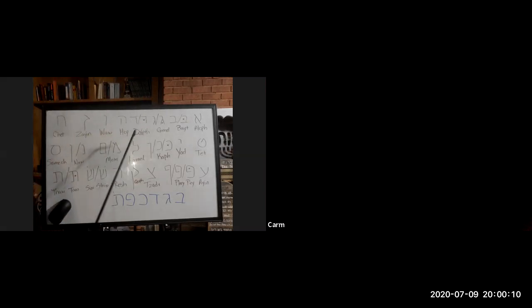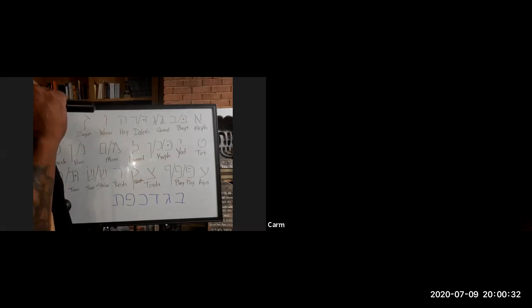So your next letter, Dalet. Another one of the Bagad Kafat letters with your dagesh makes a hard D. D, D, D. Dalet. Without the dagesh, it makes a sound like placing your tongue between the back of your teeth, but not making them touch.